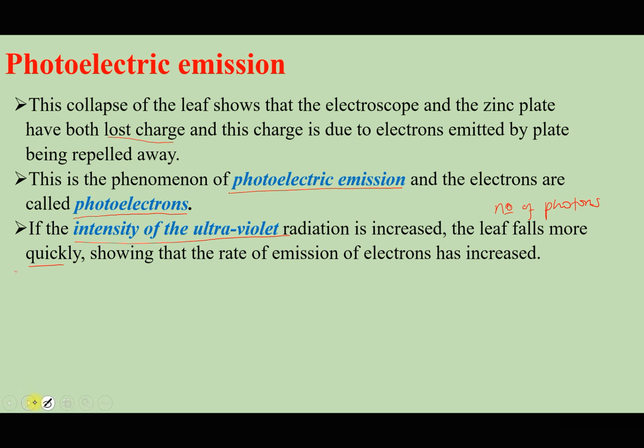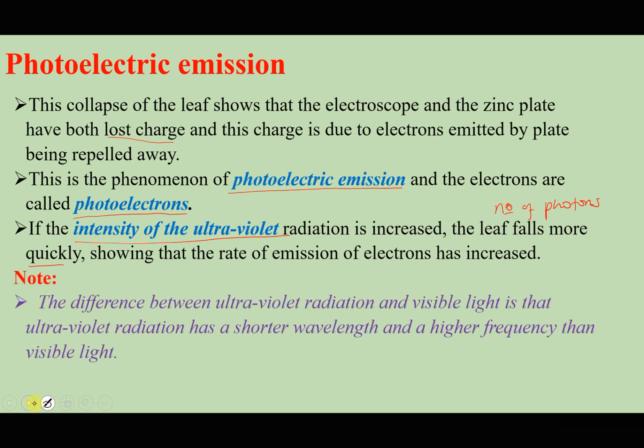I want you to note the difference between visible light and ultraviolet, as I've mentioned earlier. Ultraviolet radiation has a shorter wavelength and a higher frequency than visible light, just like I've just mentioned from the electromagnetic spectrum.